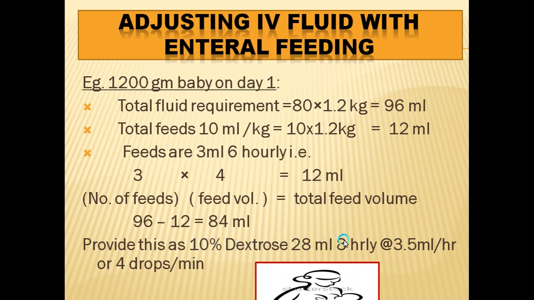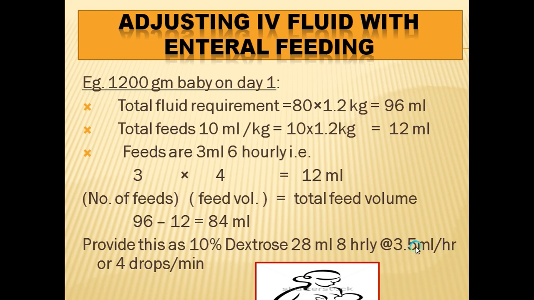We know how to calculate. Here our answer is 3.5. So 84 ml divided by 24 hours gives you 3.5 ml per hour.